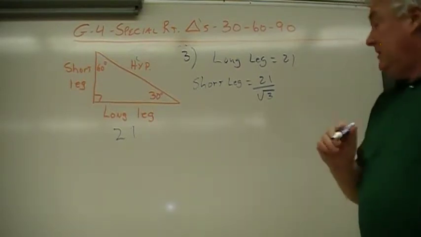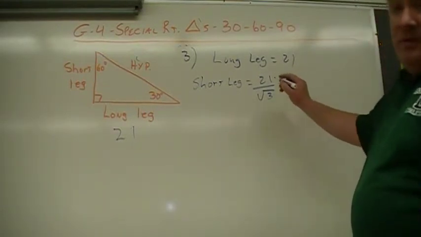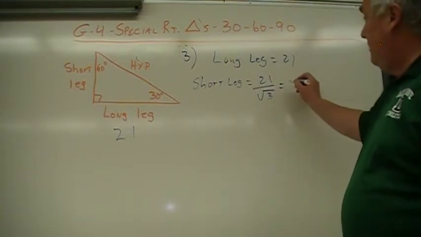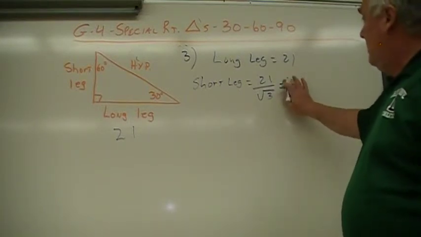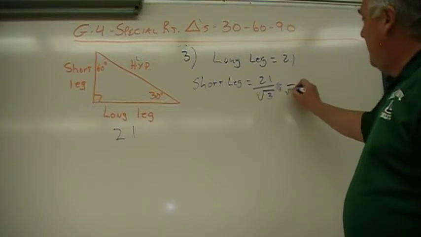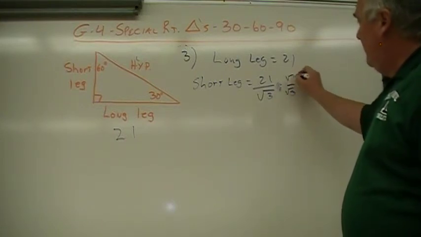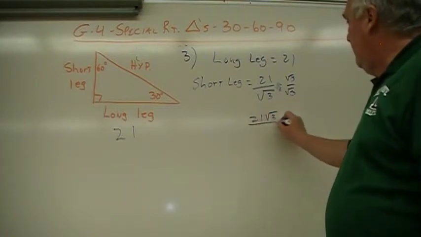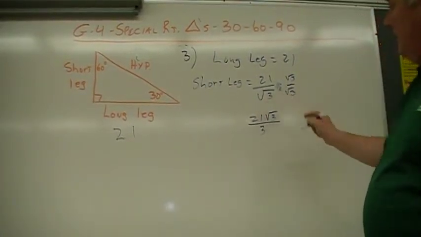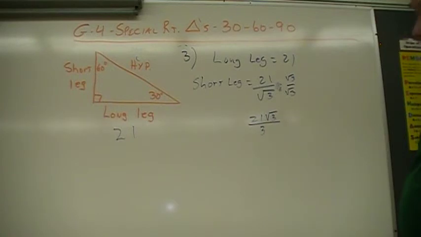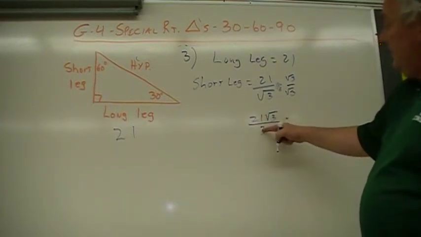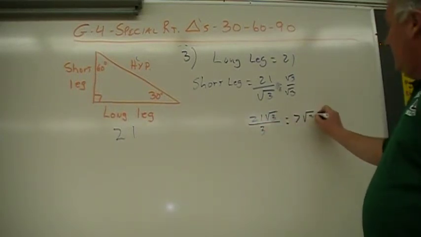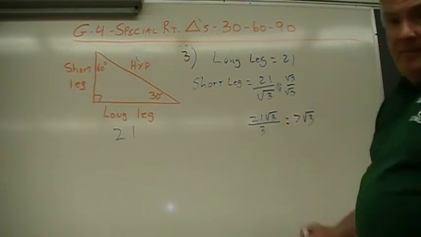Folks, this is where you have to do what we did in G2. Times it by the square root of 3 over the square root of 3. 21 times the square root of 3 all over 3. Square root of 3 times square root of 3 is 3. This reduces to 7. 21 divided by 3 is 7.